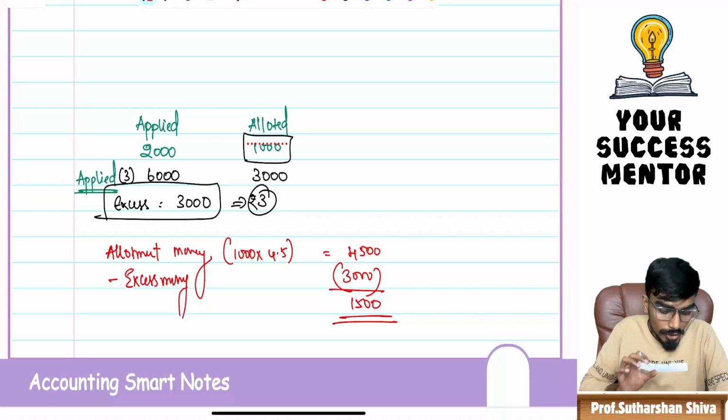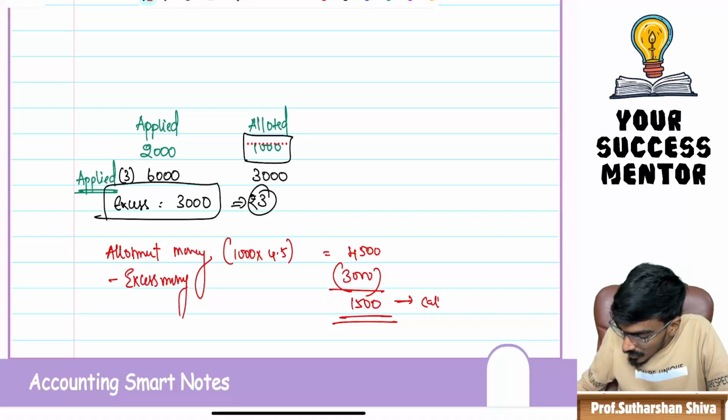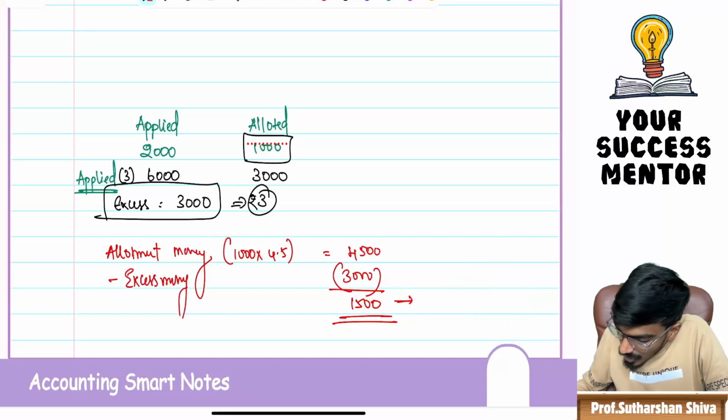So it is just going to be 1,500. 1,500 is only a call scenario with respect to what? Allotment. Correct? If it is going for allotment, how much is the allotment money? It is going to be 2 plus 2.5.